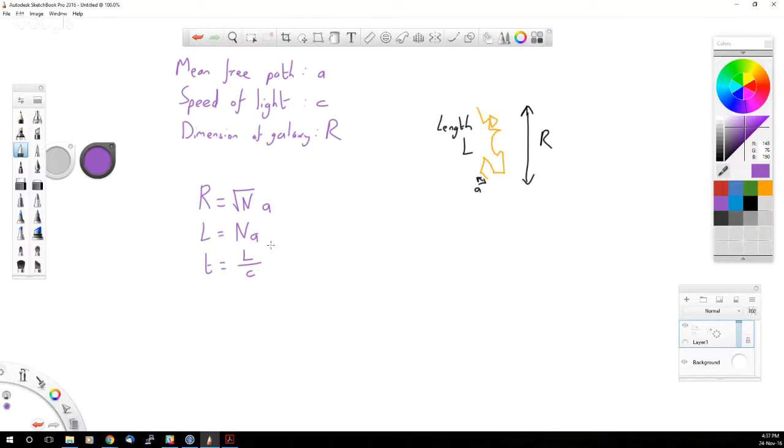Then we can substitute in for L, which gives us NA over C. From the other equation, we get R squared equals N A squared, so N can be replaced with R squared over A squared. We've still got our A and C, and then we cancel out and end up with R squared over A C. And then we can put the numbers in.